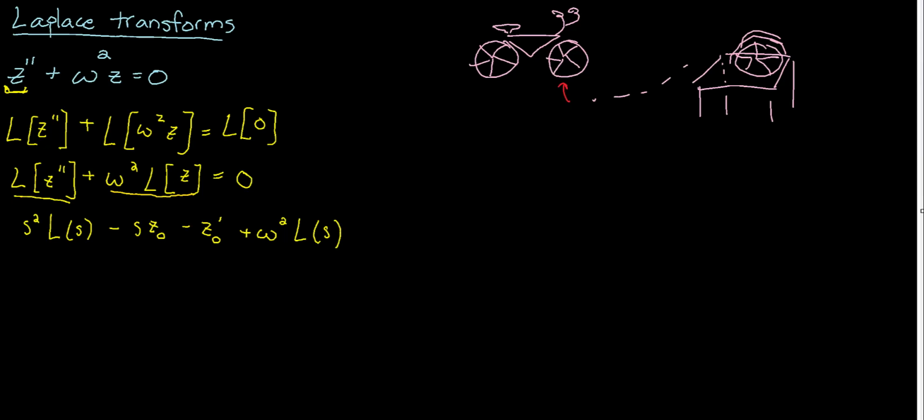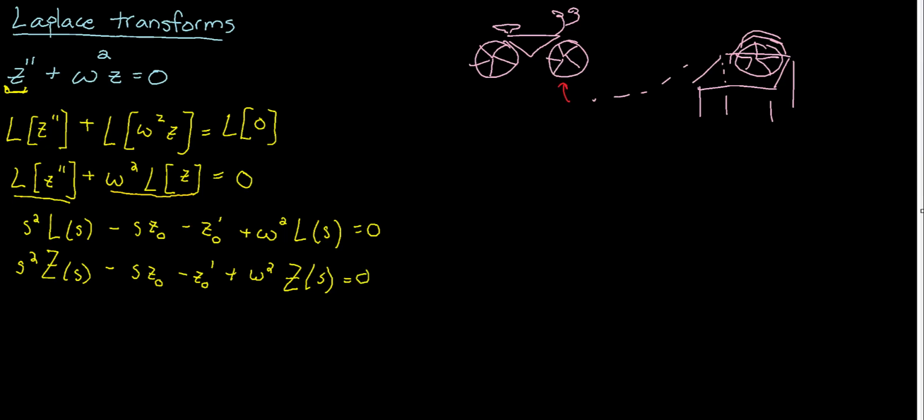Now, I think if you're working on the discussion problem, they said when you're in the variable z, you should call your Laplace transform capital Z. So I will follow suit with the notation there, and I'll just call this capital Z, not L. I'm very used to writing L, but they wanted us to use the capital Z for the Laplace transform. So we can do that. That's no problem. And on the right-hand side here, we still had our 0.